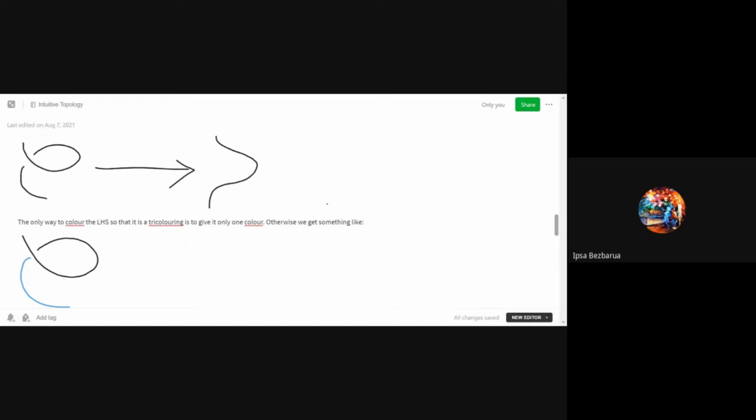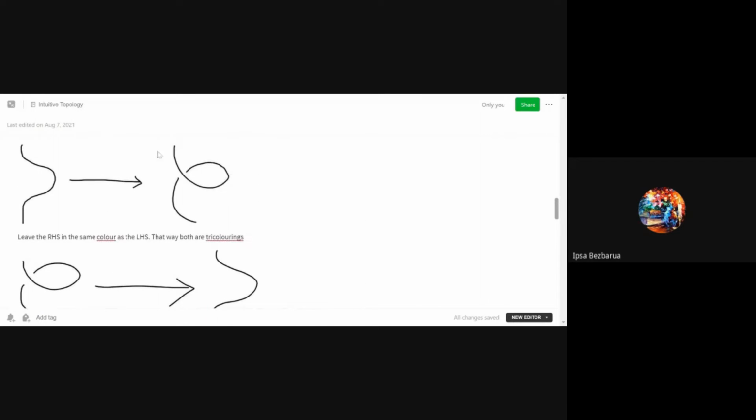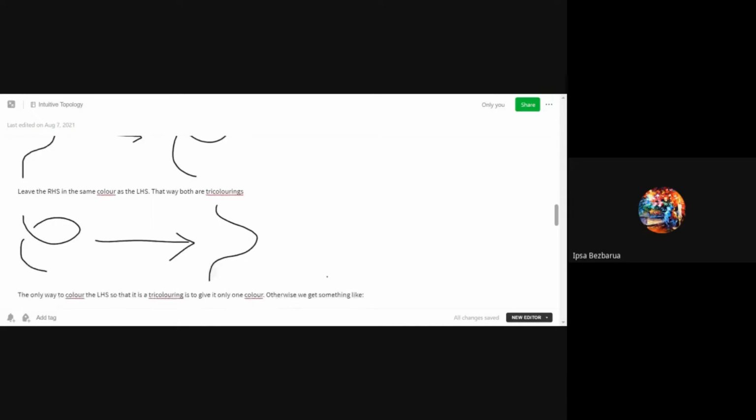So the LHS is colored in one color to preserve tricolorability, and I can just open it up and leave it in the same color as we started. So for move 1, I don't have any problems. Move 1 of the Reidemeister moves does not affect the tricoloring.